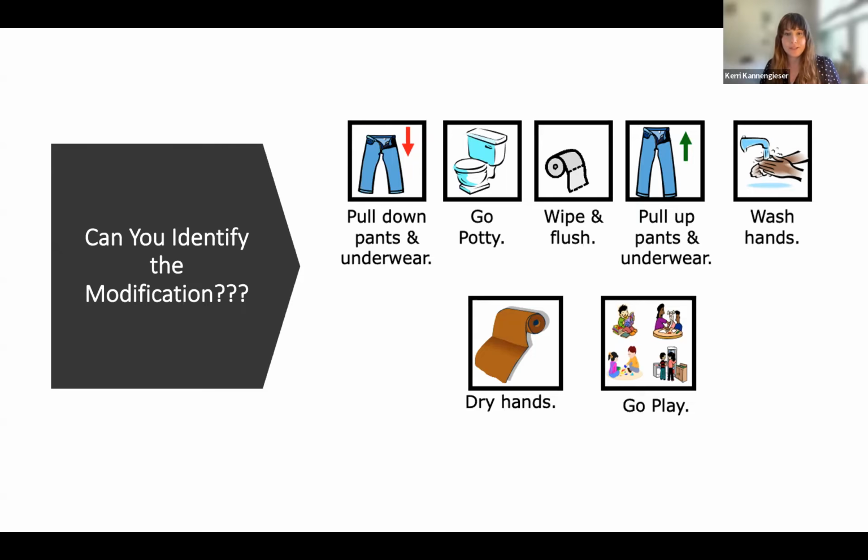What are my reminders? Because maybe it's overwhelming. I go into that restroom and then I don't know what to do. I forget what I need to do first or what happens when I'm finished.